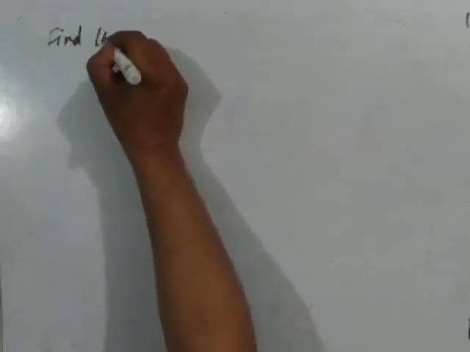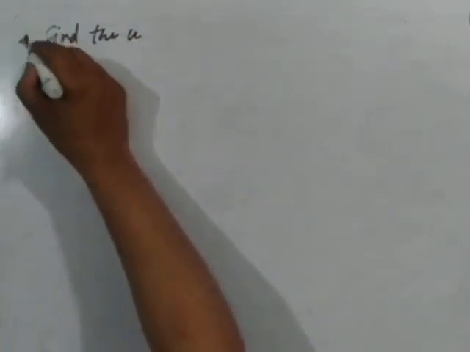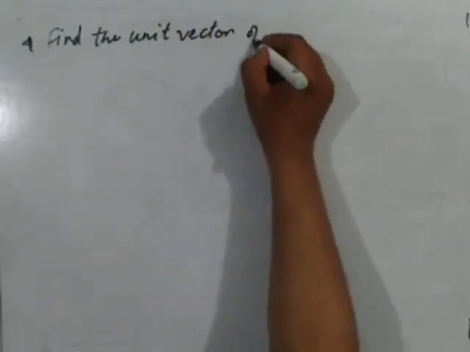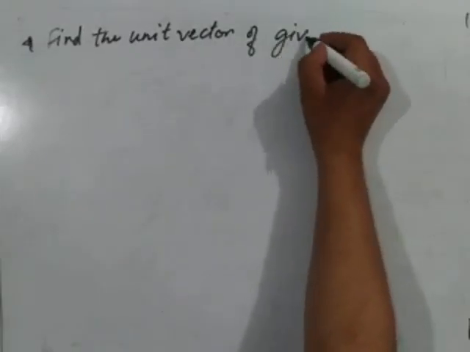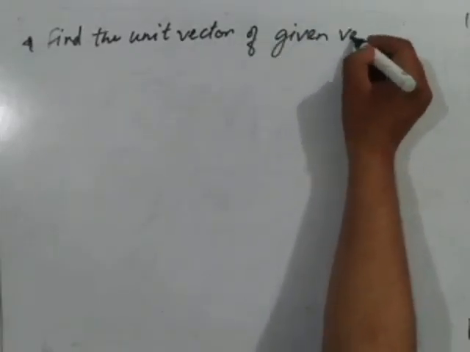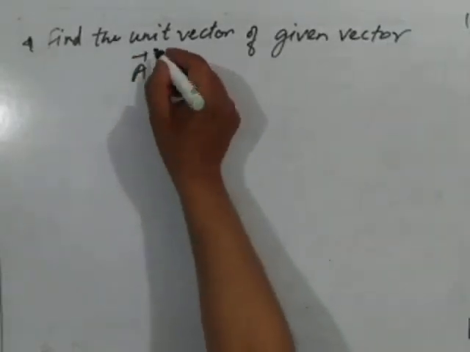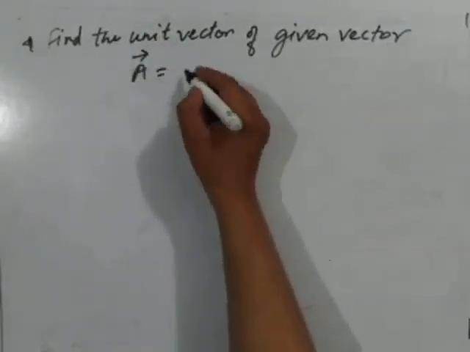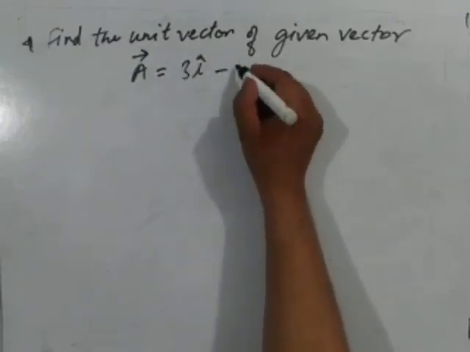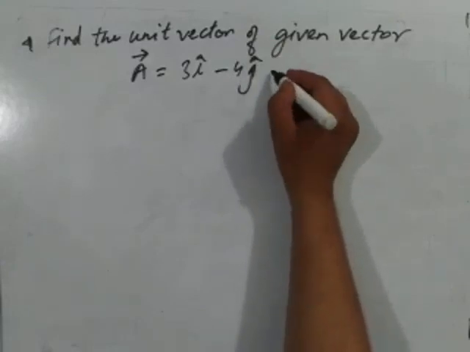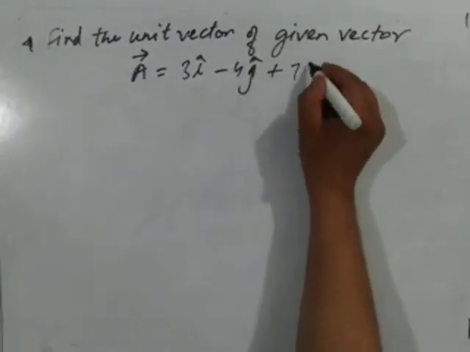So take another example. Find the unit vector of given vector A equal to 3i minus 4j plus 7k.